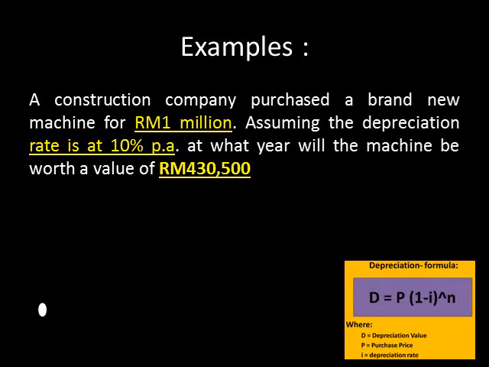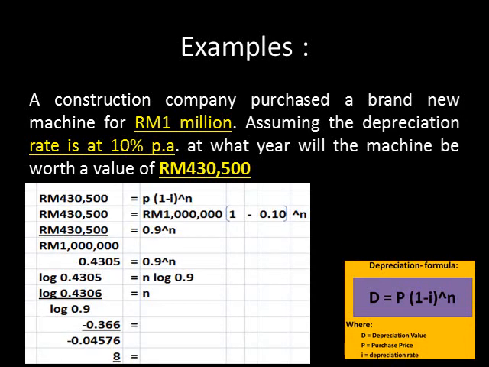So recap the formula. First, you put the value here because D is given, which is 430,500 ringgit. P is also given. You just insert the information into the formula like this.